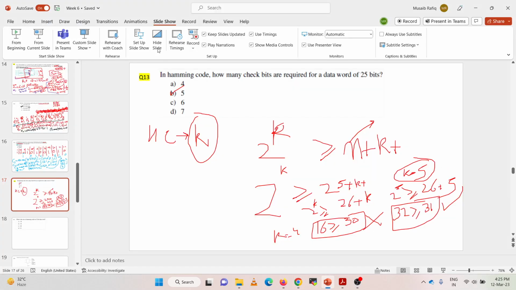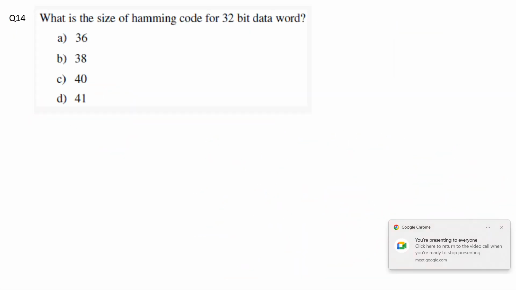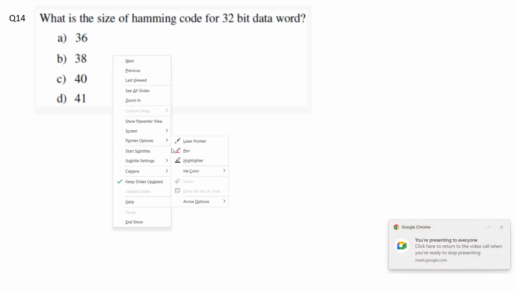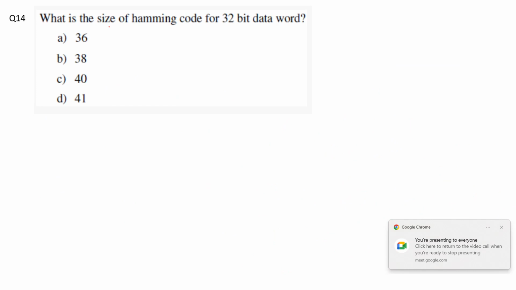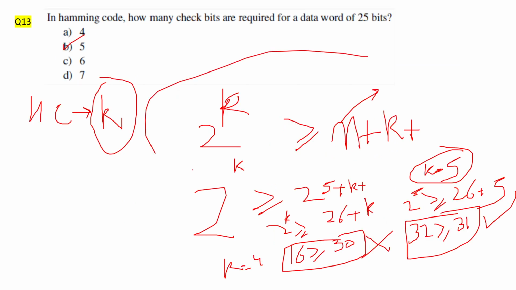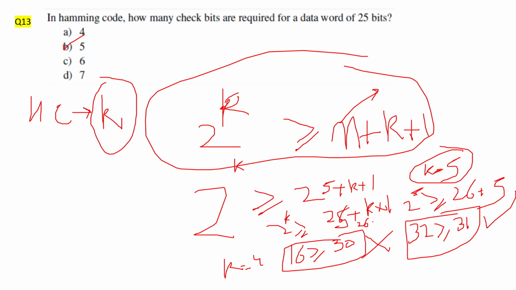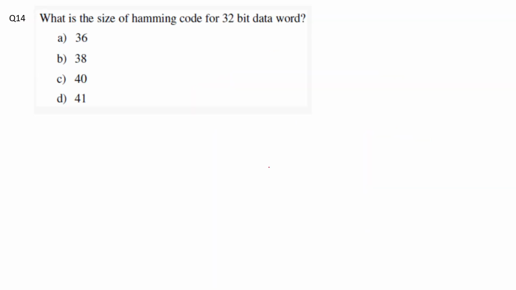Now moving forward to the next question. This next question is also based on the same logic that we did here. So here, what is the size of Hamming code for a 32-bit data word?